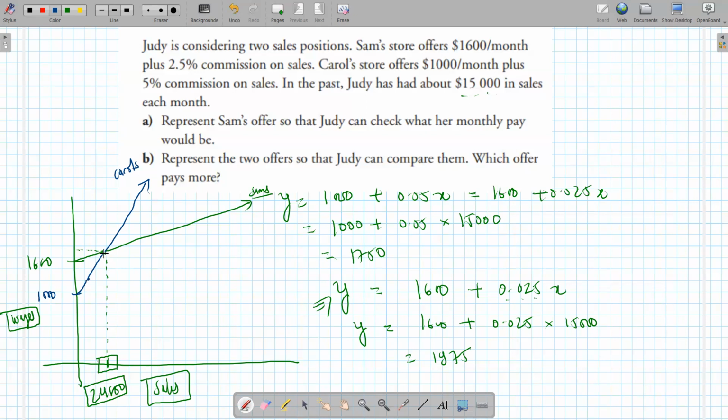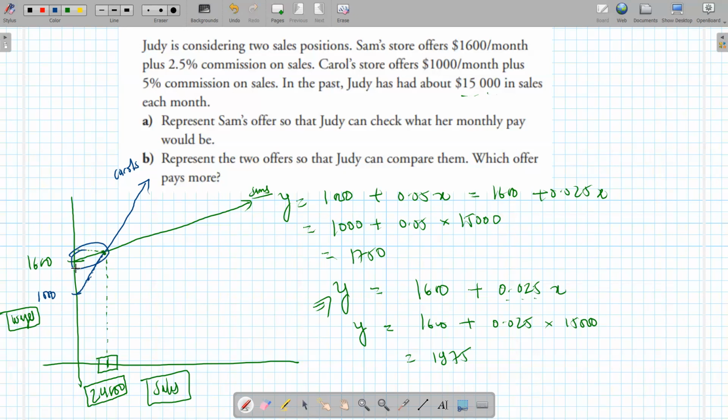If she does less than 24,000, which one should she go with? The green one or the blue one? Go with the green one because it pays more, right?